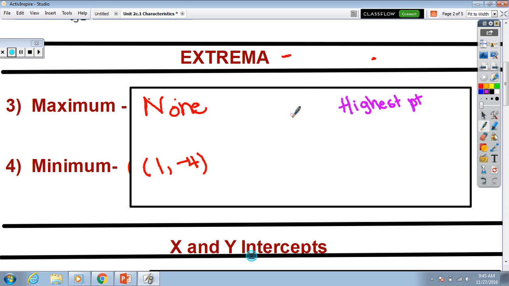And it has to look like a hill to have a maximum point, or have a point that's at the top and the line going down. Both of those will give you highest points or maximums. And minimum is the lowest point. So we can have a line that starts at the bottom and goes up, or we can have a parabola that has an obvious lowest point.